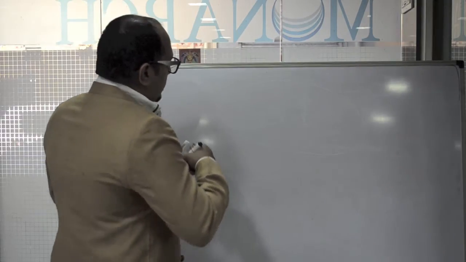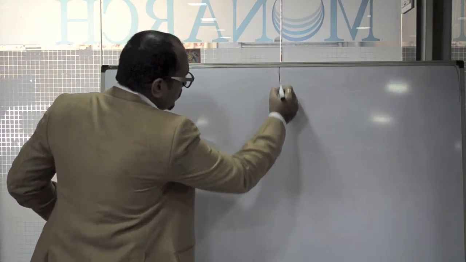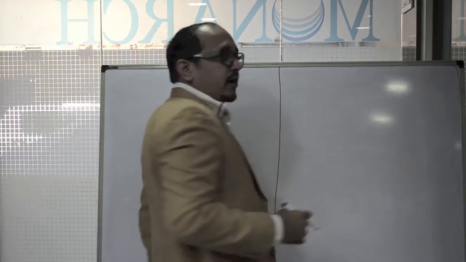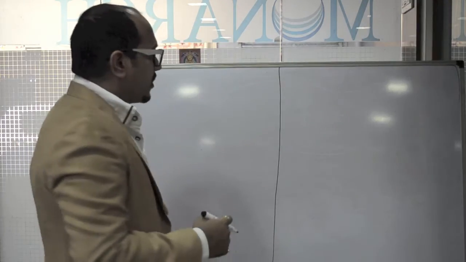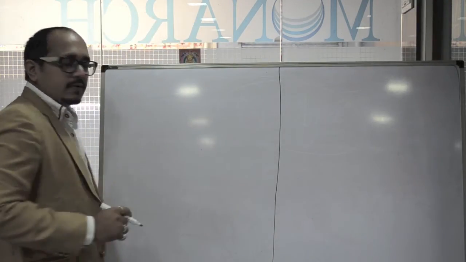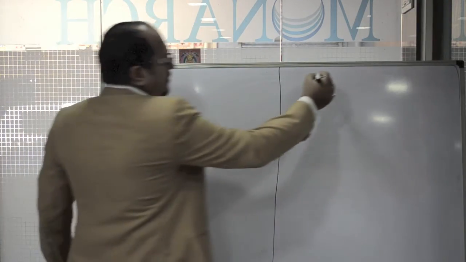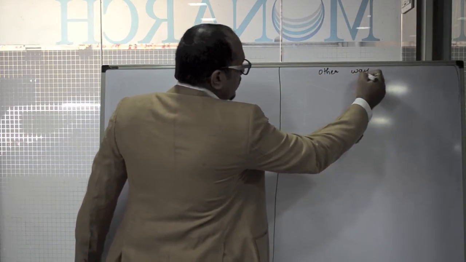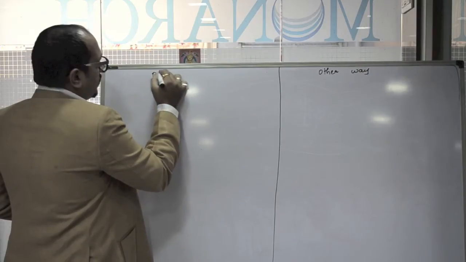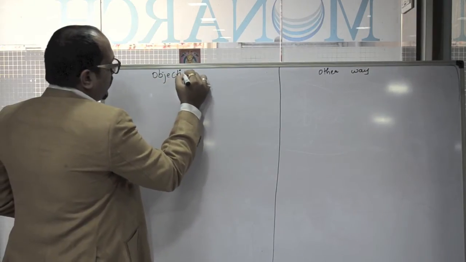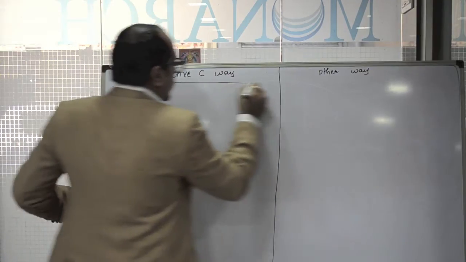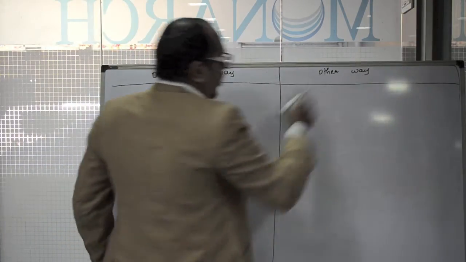Let's make it simple. We're going to see how other languages declare functions and how they are called, and then we'll see the Objective-C way. First, the normal way.